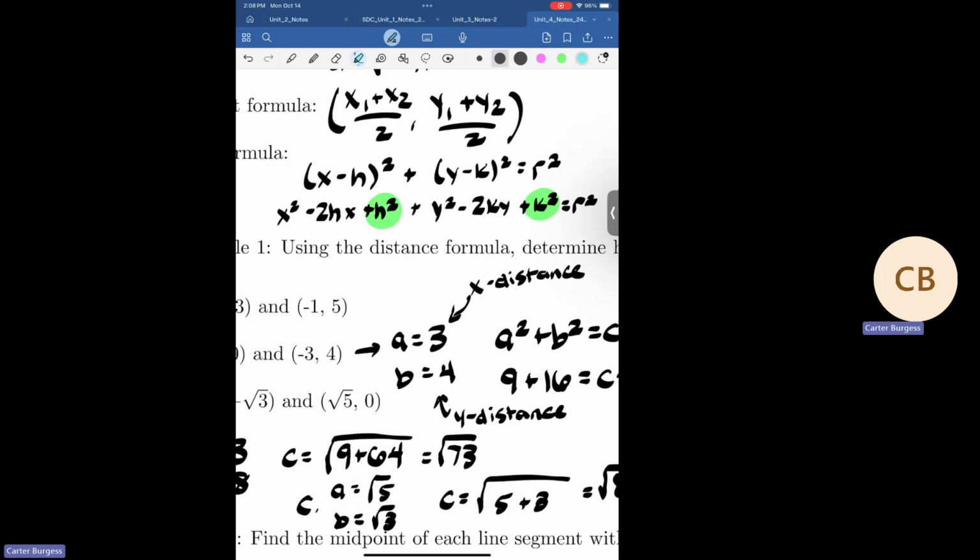Where else is there an h? The linear x term. So if I can't use the h squared to figure out what h is, because it's mixed up with all this mess, we'll use the negative 2h. We'll just look at the linear x term, whatever that coefficient is, it's negative 2h, divide by negative 2.